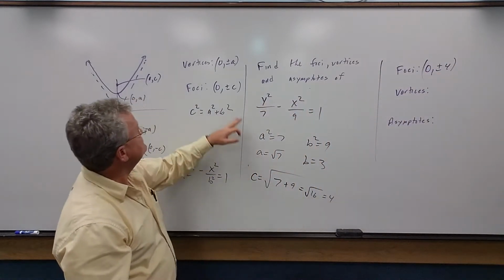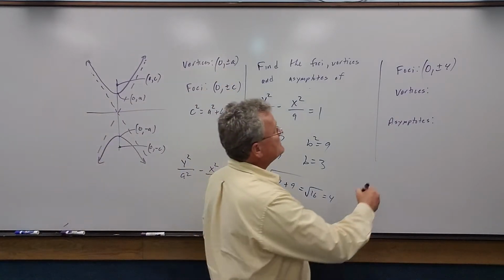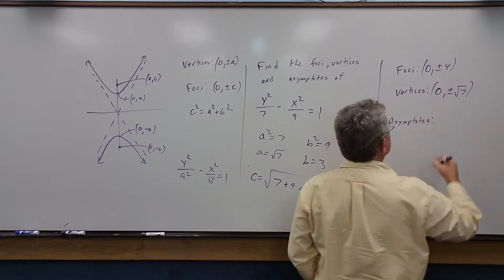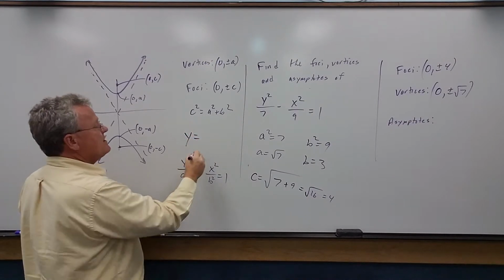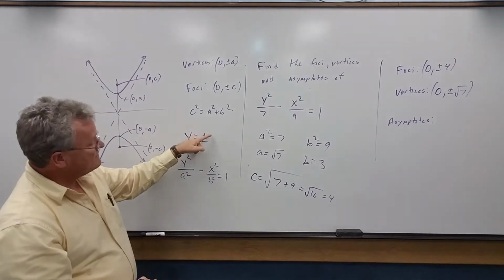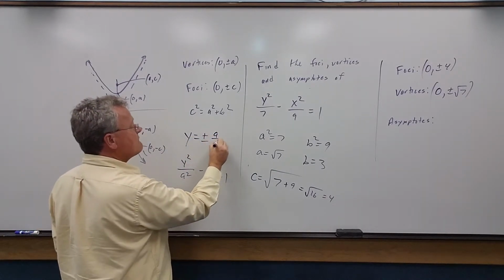The vertices are (0, ±a). a is the square root of 7, so we get (0, ±root 7). And the asymptotes, I forgot to write the equation of that. When x squared came first, we had b over a. When y squared comes first, it's a over b.